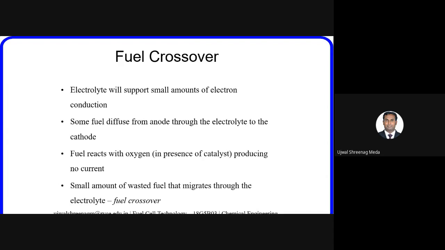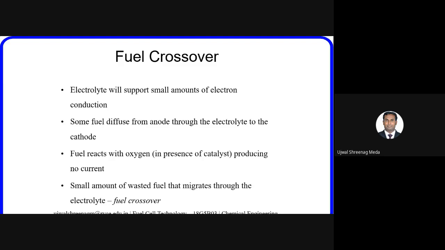For some reason, if all the fuel is not consumed at the anode, or part of the fuel, instead of getting consumed at the anode, tends to pass through the electrolyte and reach the cathode, because of the catalyst present at the cathode, this fuel will directly react with oxygen.